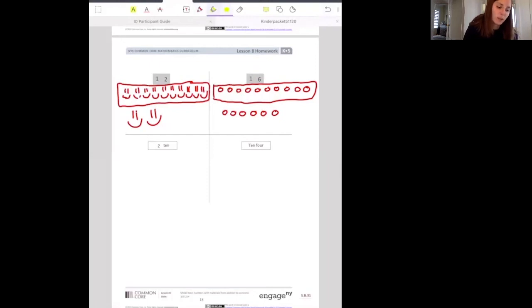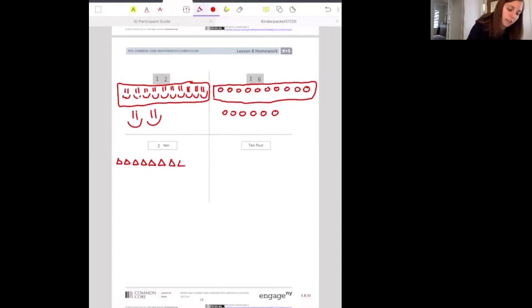And this one, ooh, looks like they used a number and a word. 2 groups of 10. Let's see what that looks like. 2 groups of 10. So I'm gonna go back to, let's do triangles. 1, 2, 3, 4, 5, 6, 7, 8, 9, 10.